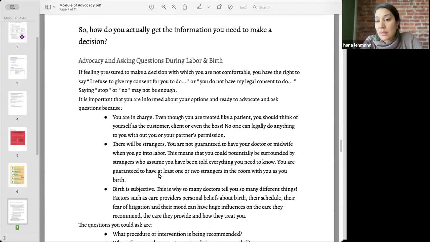So you sometimes have to use the legal language to get the attention of the provider. It's like, hey, I actually said no, and I do not consent to this, right? So you might actually have to say a full sentence, even though we all know that no is a full sentence, right? But in order to get their attention, you might have to use the legal language, right?